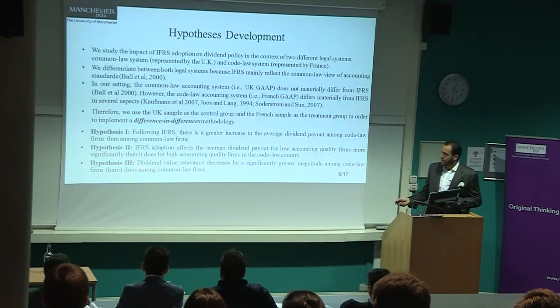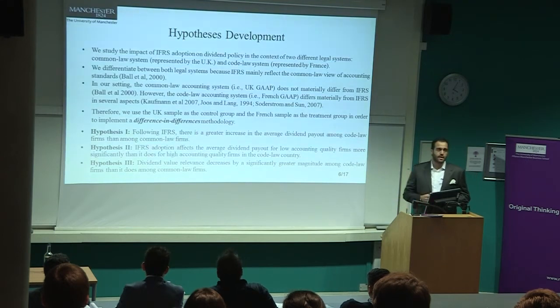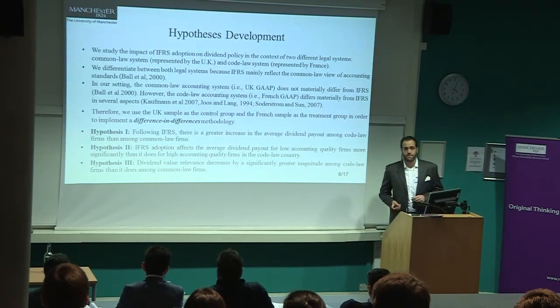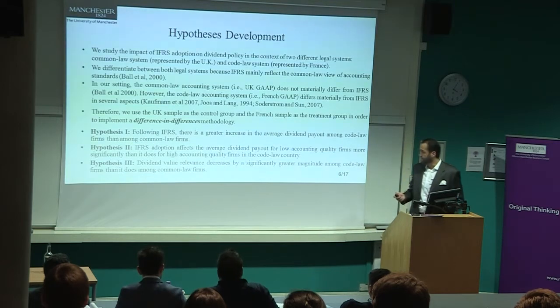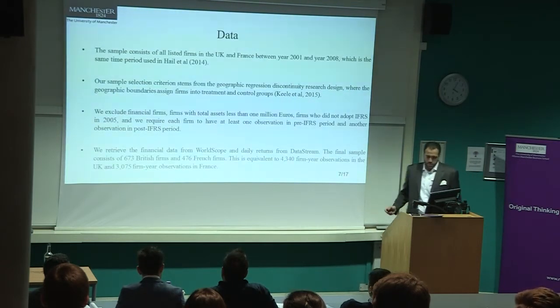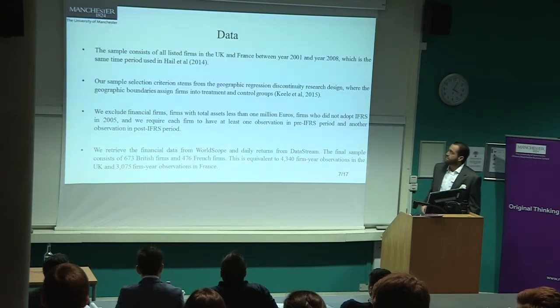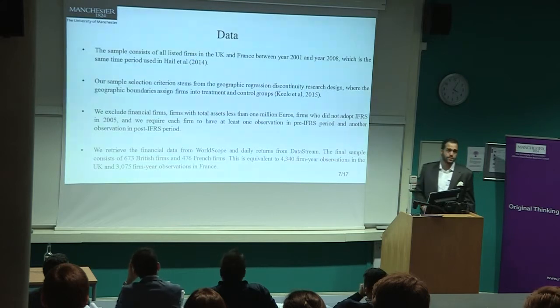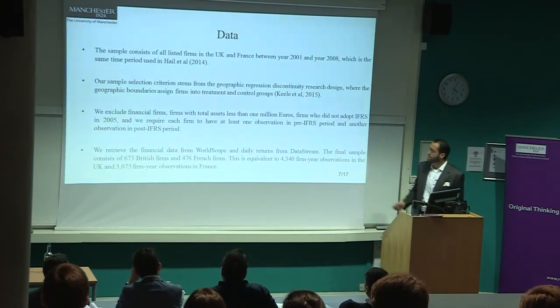The third hypothesis is the change in the value relevance of dividends upon adoption of IFRS. So as mentioned, we have the UK and France between 2001 and 2008, following Hail et al. in Journal of Accounting Research, 2014.